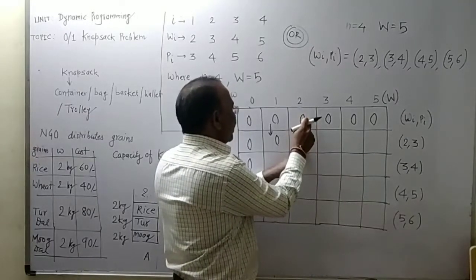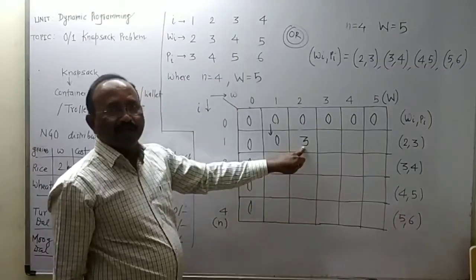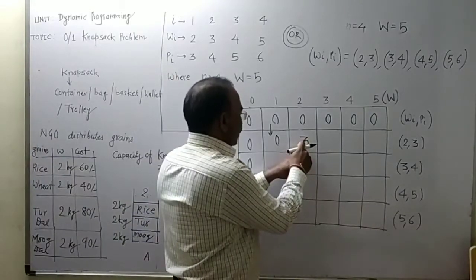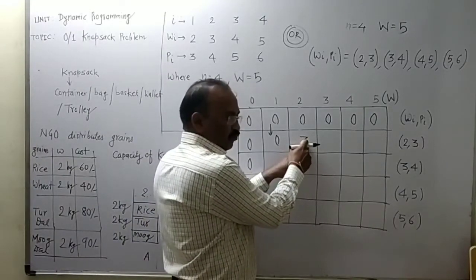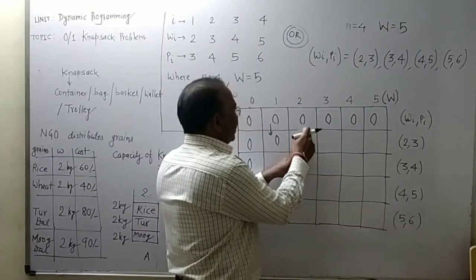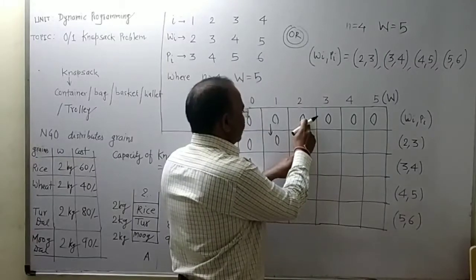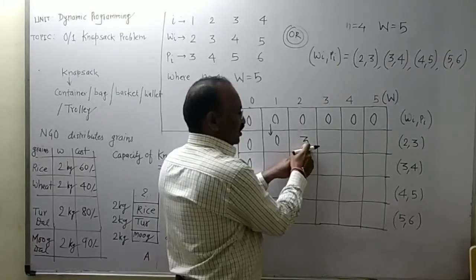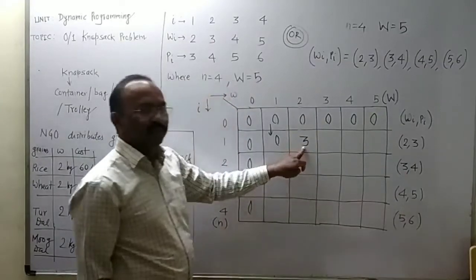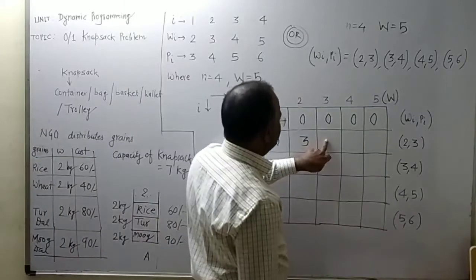This should not be greater than this 3 value. Now we have got the value 3, but before putting 3 here, we have to check that this value should not be less than this value. If this value is less, then consider the upper value for this cell. Then go to the next cell.